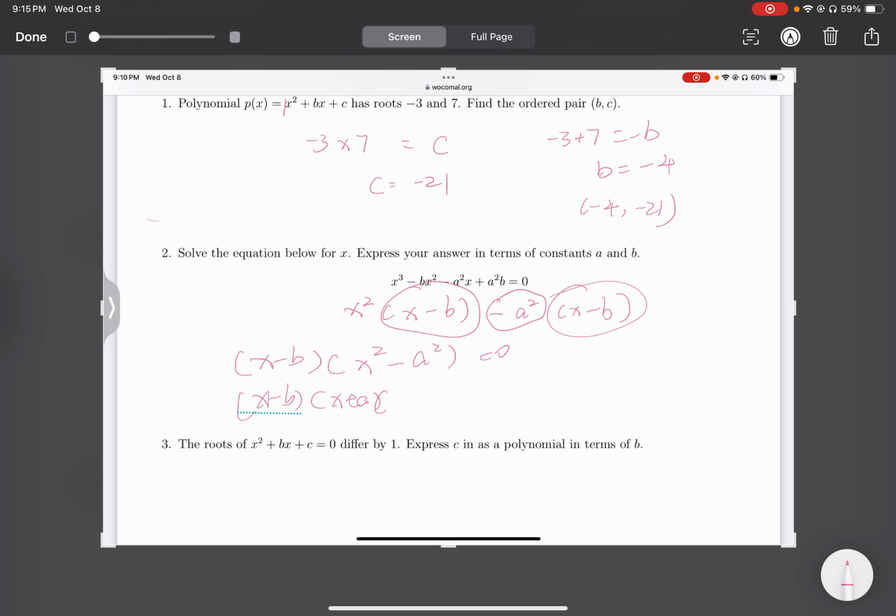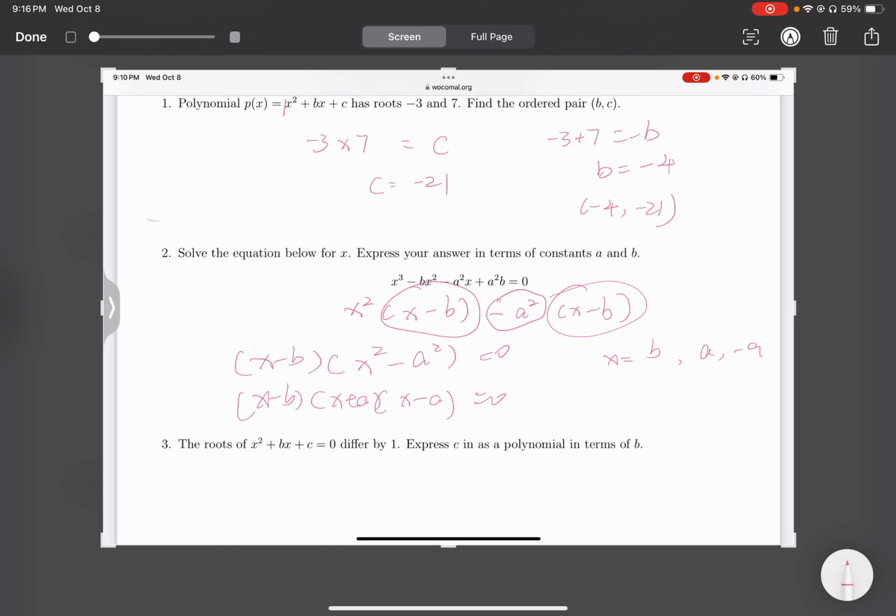I mean x minus b times x plus a times x minus a, because x squared minus a squared equals x plus a times x minus a, equals 0. And so what we got there is x equals b, a, and negative a. So that's the answer.